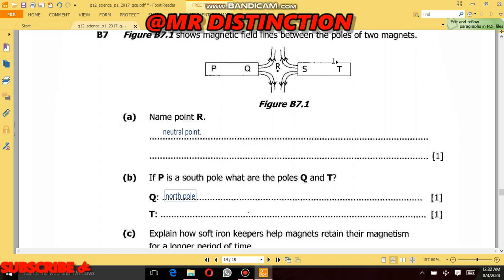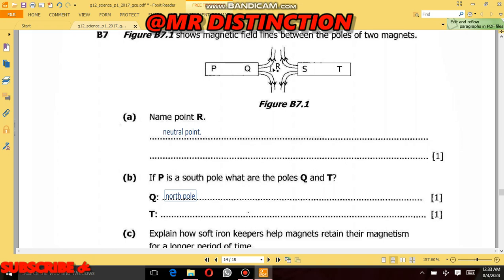This one. If you consider what is happening over here, there is a repulsion taking place right over here. And whenever you see a repulsion taking place, just know that the two poles, this one and this one, are the same.